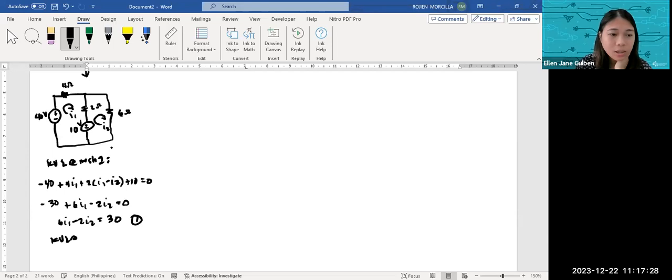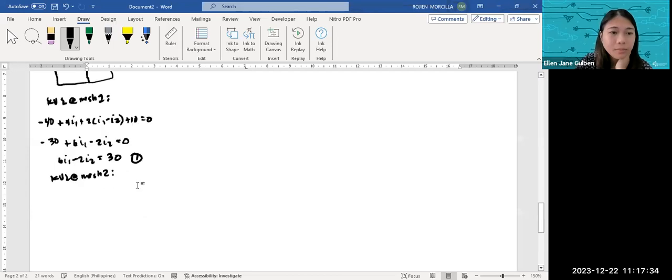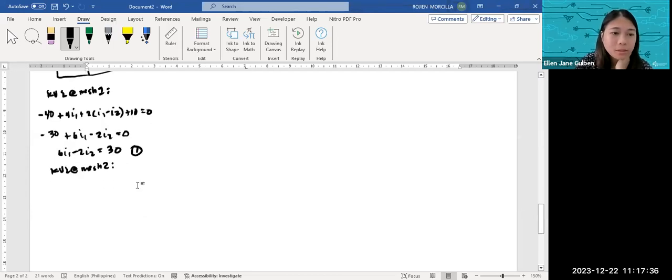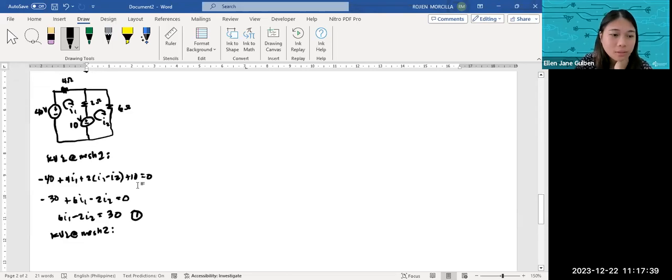KVL at mesh 2. We have negative 10 plus 2I2 minus I1 plus 6I2 equal to 0.